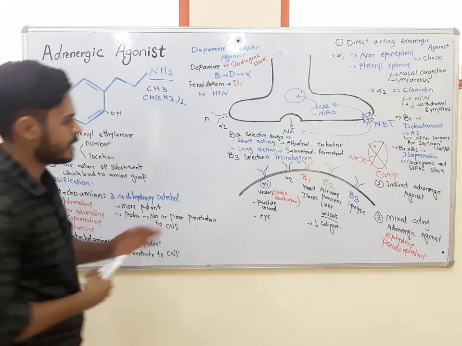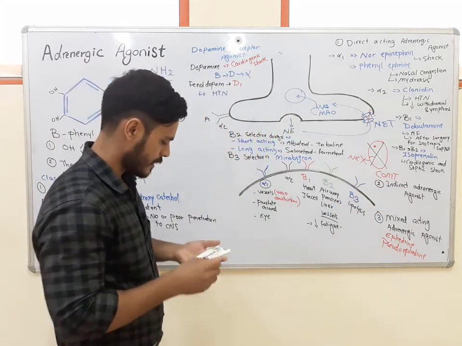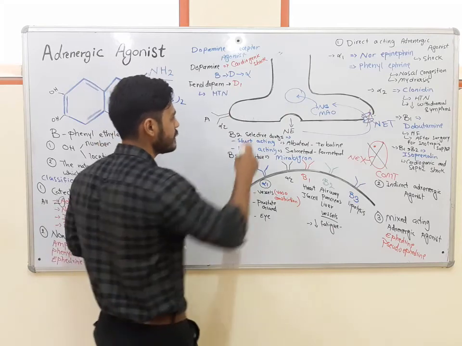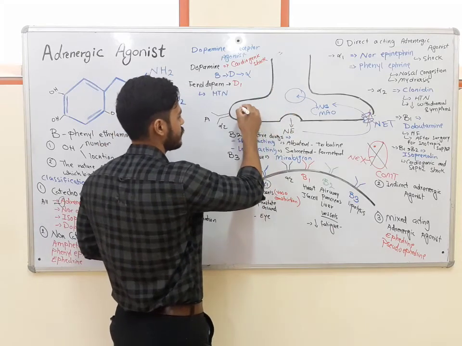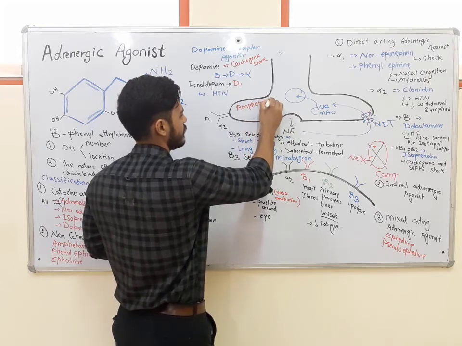Another group in adrenergic agonists are indirect adrenergic agonists. Some of them can increase release of adrenergic neurotransmitter, like amphetamine and tyramine.